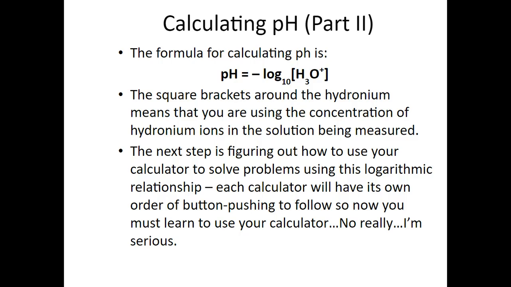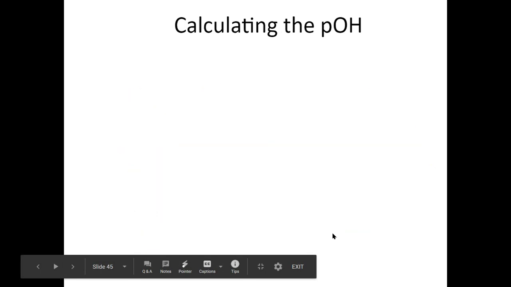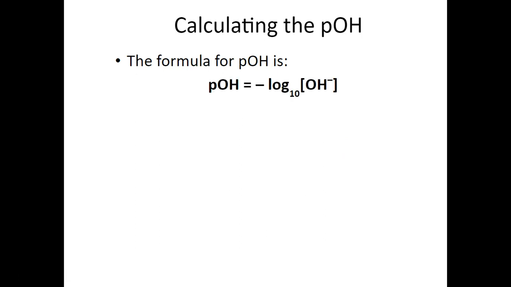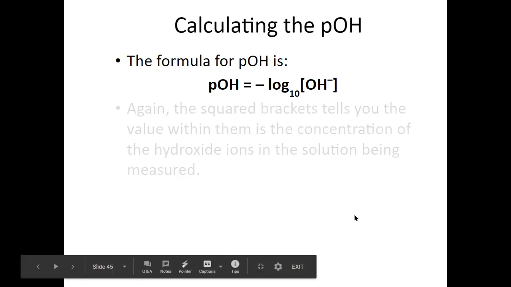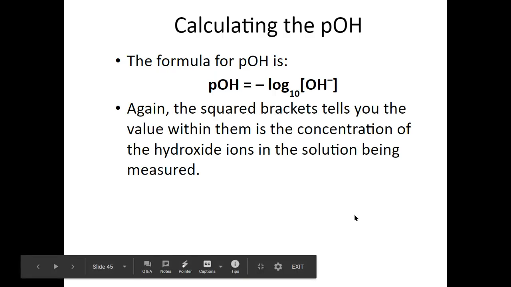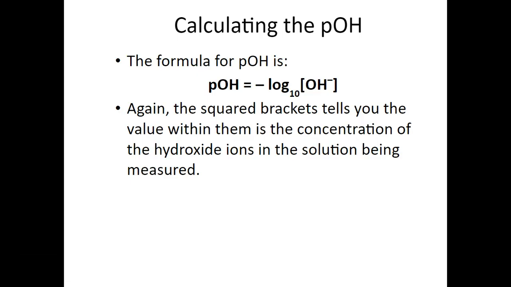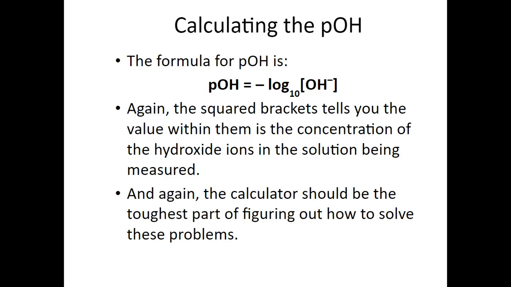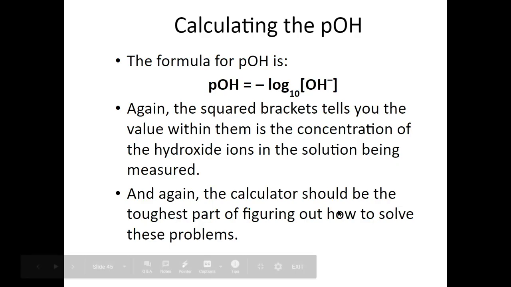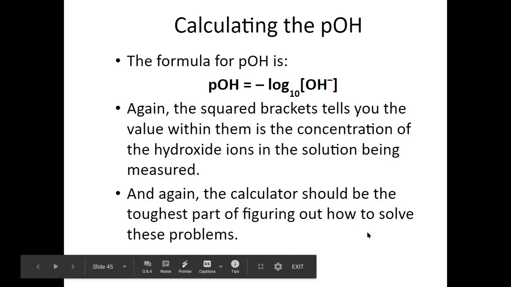I'm sure you are okay with that. Okay, calculating pOH. The formula for pOH is pOH equals the negative log of the hydroxide ion concentration. Again, the square brackets tell you the value within them is the concentration of the hydroxide ions in the solution being measured. Again, the calculator should be the toughest part of figuring out how to solve these problems.